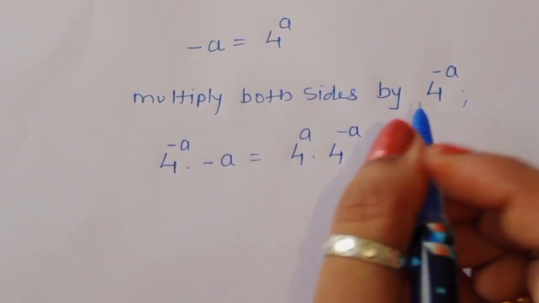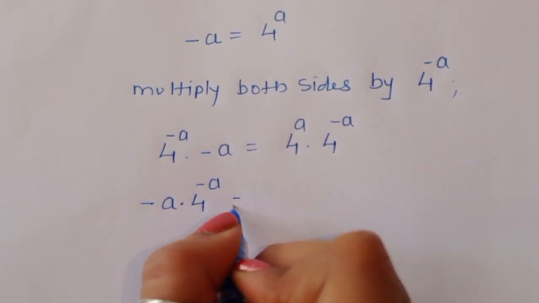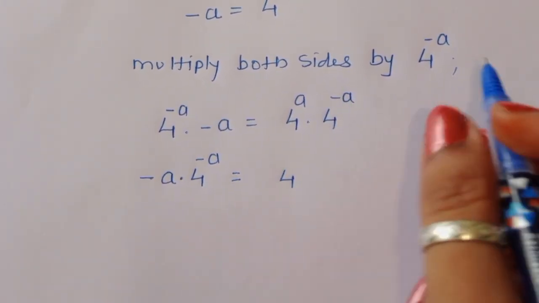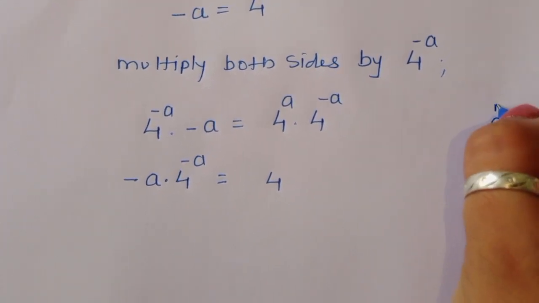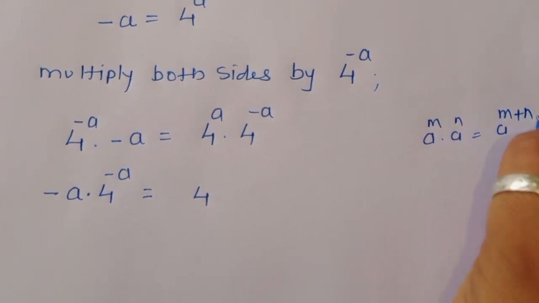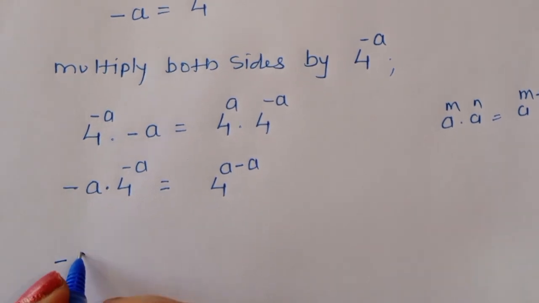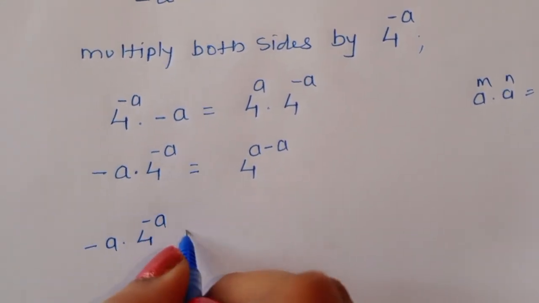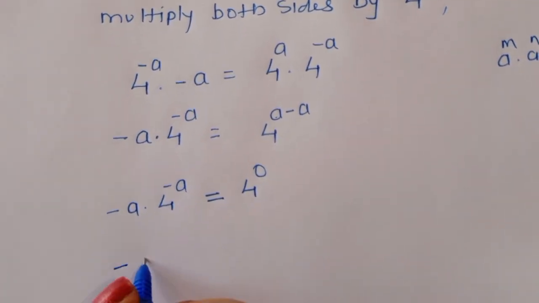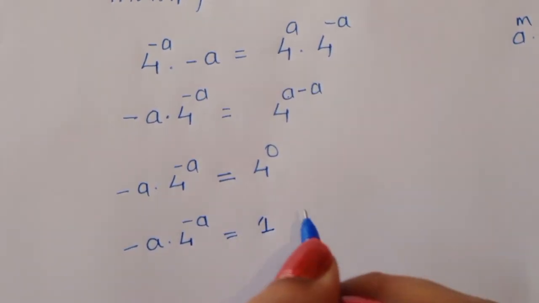Now we can write minus a times 4 to the power minus a is equal to 4 to the power a minus a. We know the formula a to the power m times a to the power n is equal to a to the power m plus n. So minus a times 4 to the power minus a is equal to 4 to the power 0, which is 1.